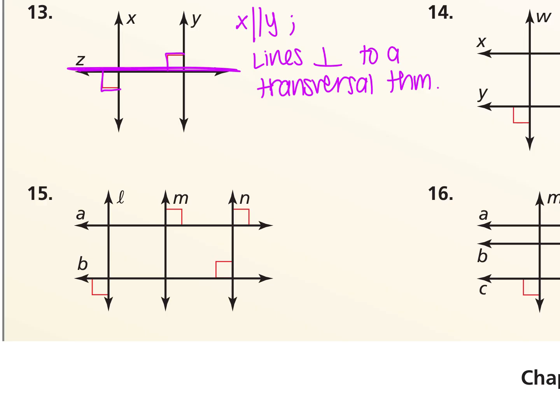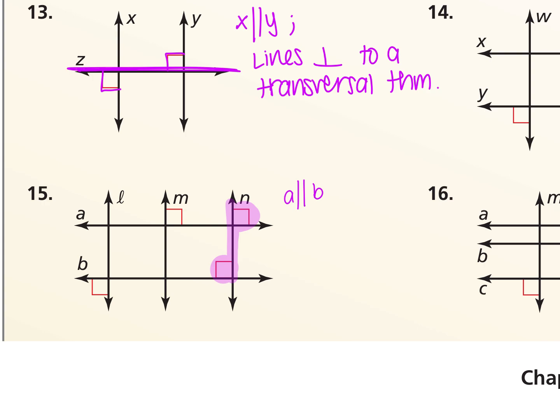Yes, A and B are parallel, but how do you know? Good. So I'm going to highlight it. I'm going to do them all separate, use different colors. So here is A, it's perpendicular to N. This is my transversal. They're both sharing line N. Line N is my transversal, so that's telling me that A is parallel to B.